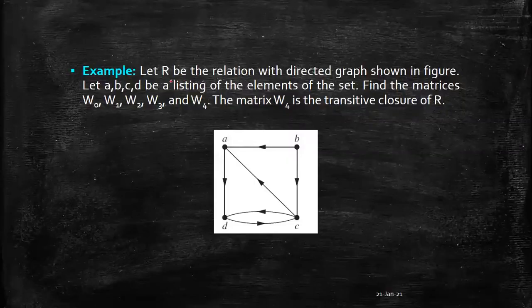Now the problem is, let R be the relation with directed graph as shown in the figure, and A, B, C, D are the elements in the set.